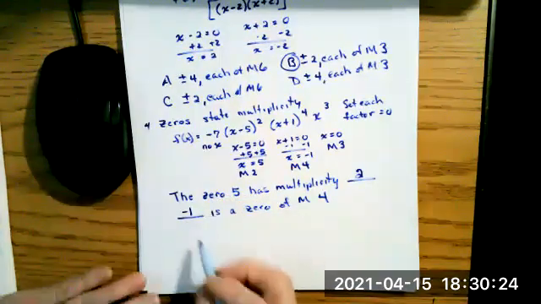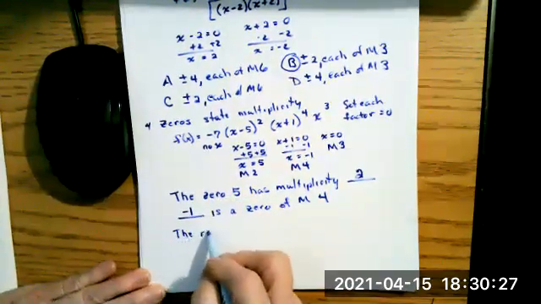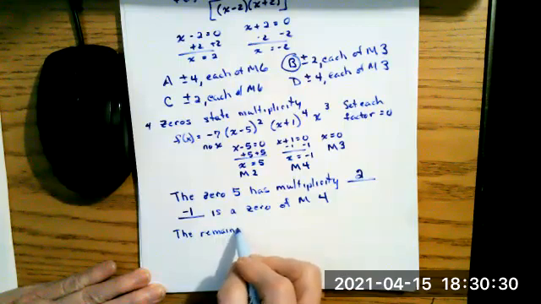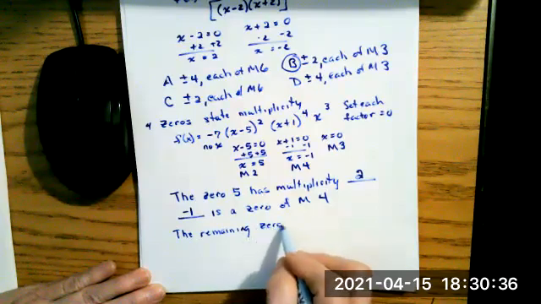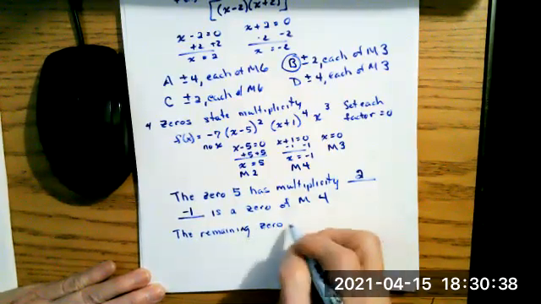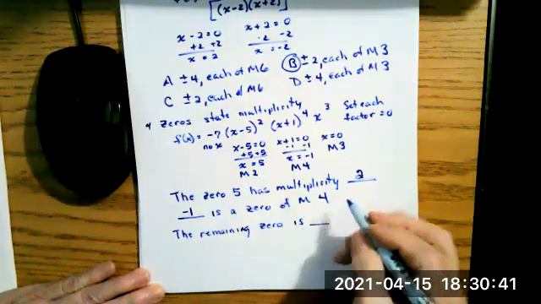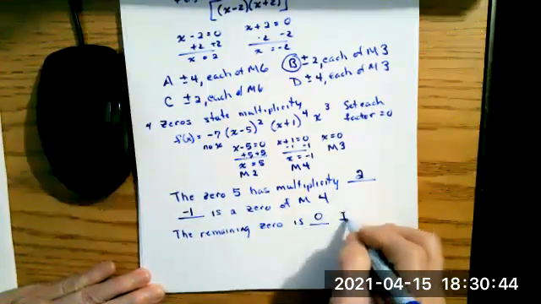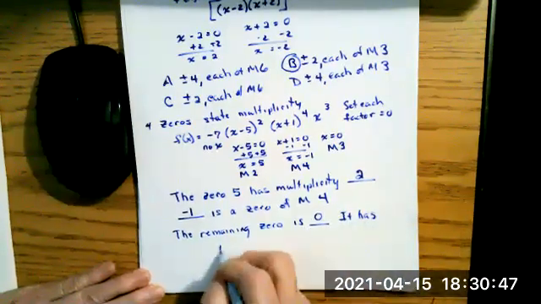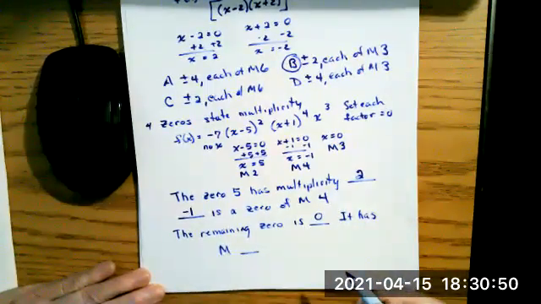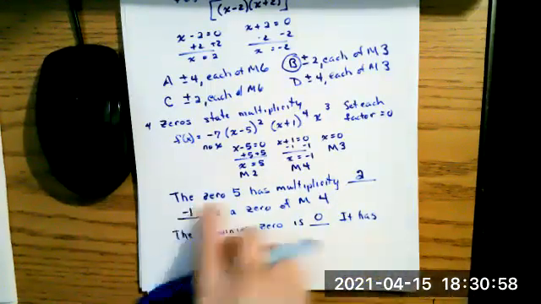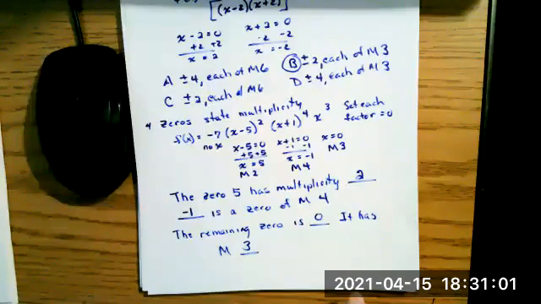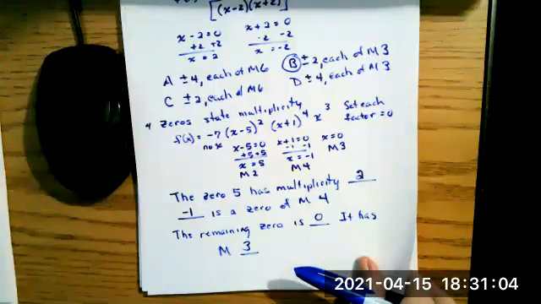And in the third blank, it says the remaining 0 is blank. 0. It has multiplicity blank. What goes there? 3. Okay. That's the way the answers will need to be put in there. There's little blanks for you to put them in. Any question on that?